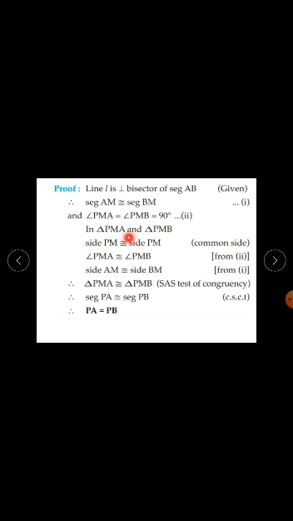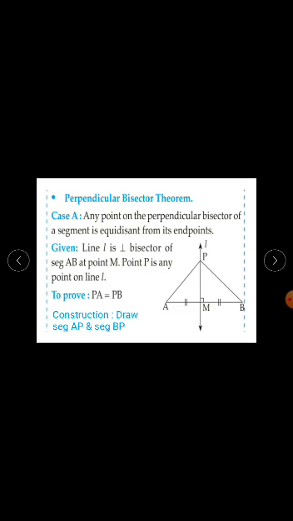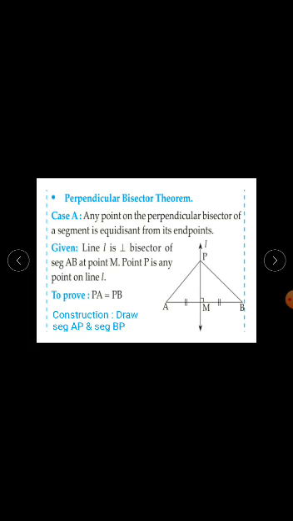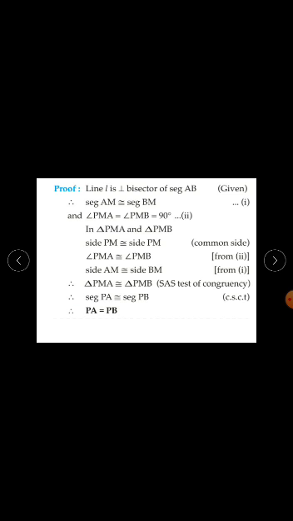In triangle PMA and triangle PMB, side PM is congruent to side PM, common side.